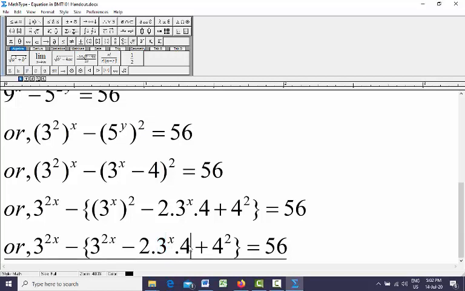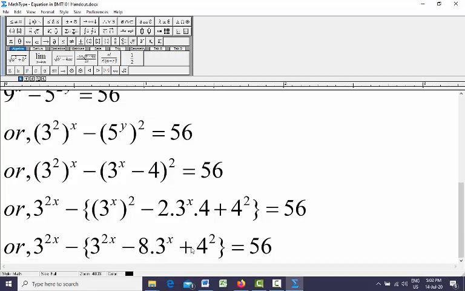You can multiply the 4 because this is an isolated number. You can multiply this 2 but not 3. So 4 multiplied by 2 is equal to 8.